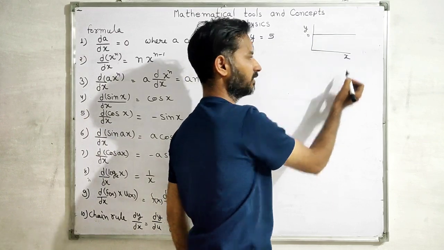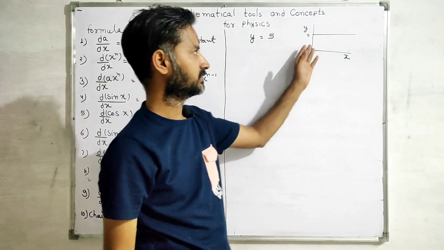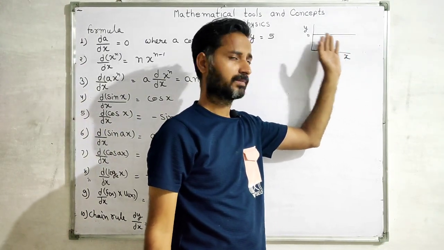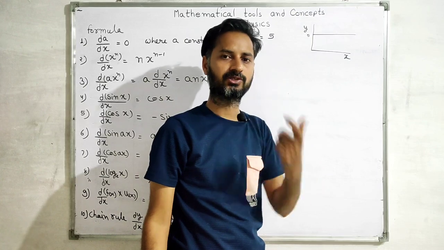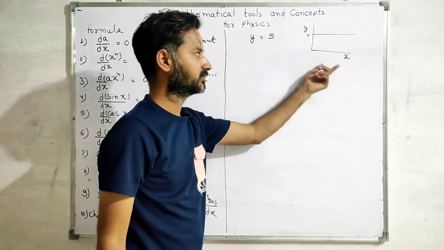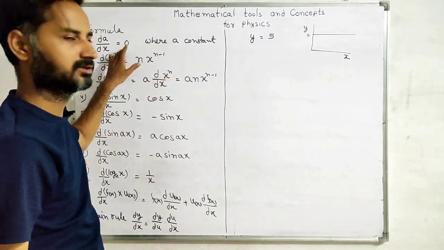So whatever I change the value of x, y will not change. In this case, we will get a straight line or parallel line and which have slope 0. So the y is not changing with respect to x, so we get a differentiation 0.